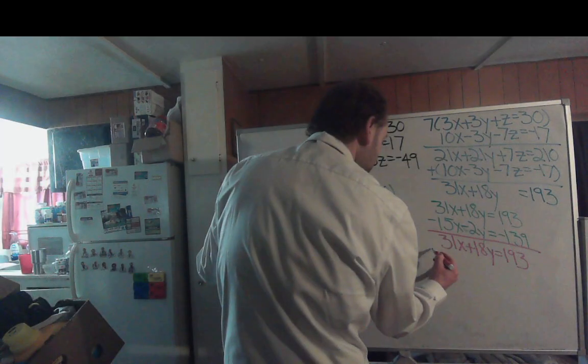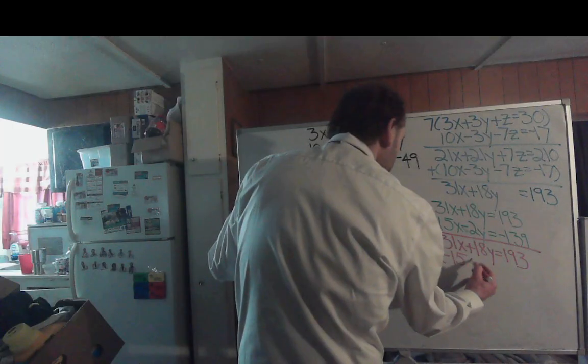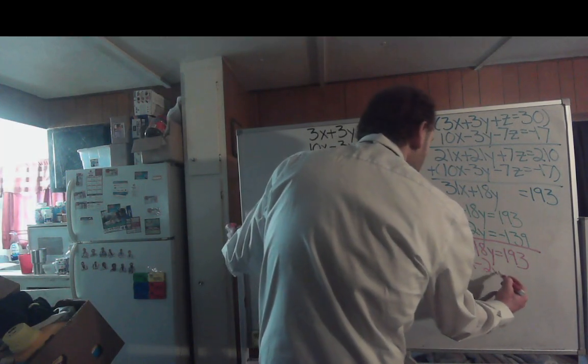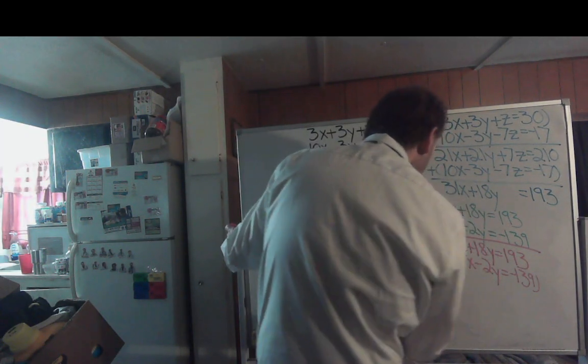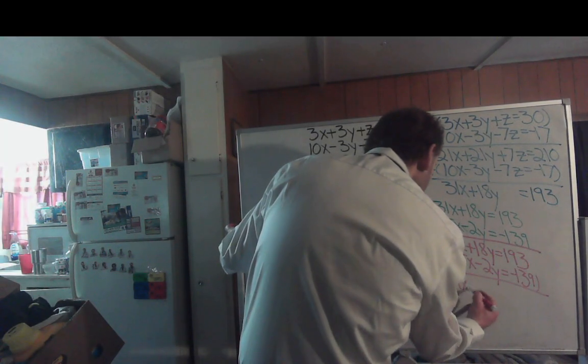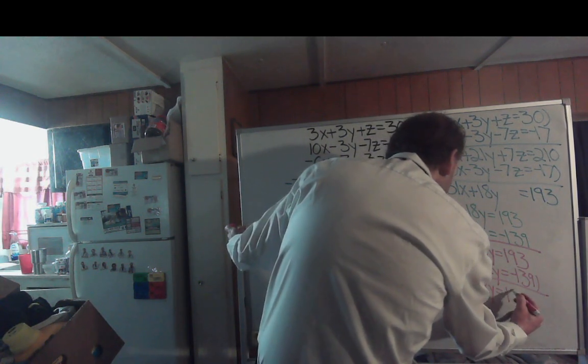Now I'm going to take 9 times my second equation, and let's see what we get here. So you keep the 31x plus 18y equal to 193.